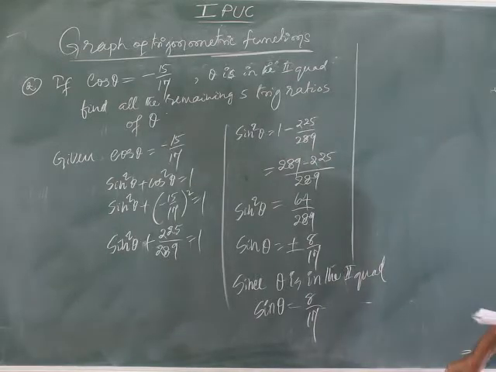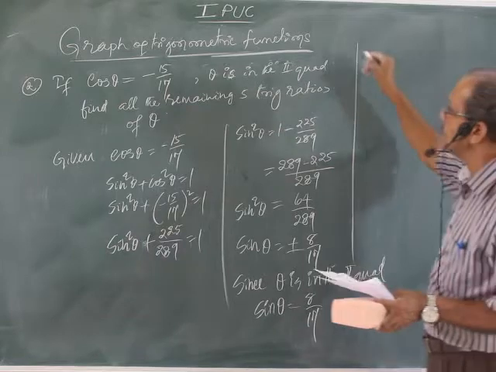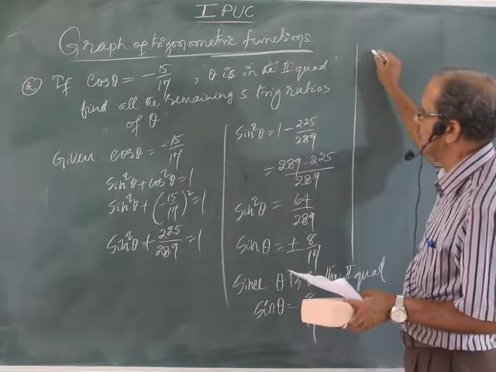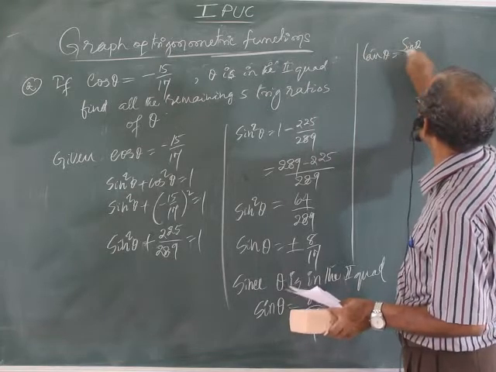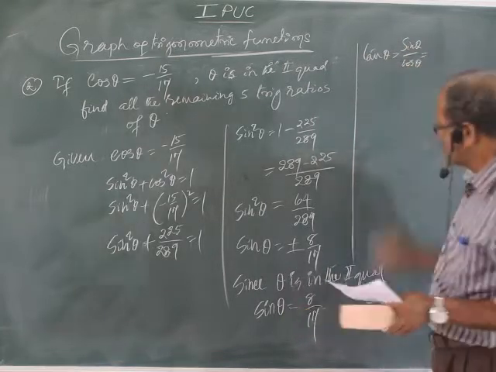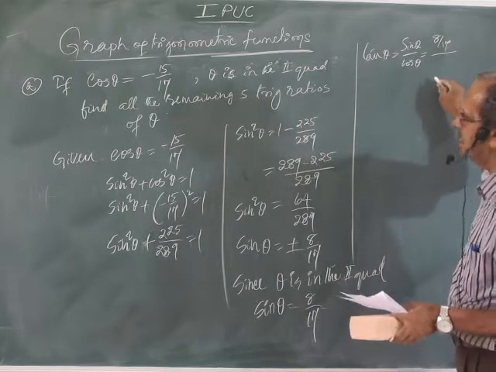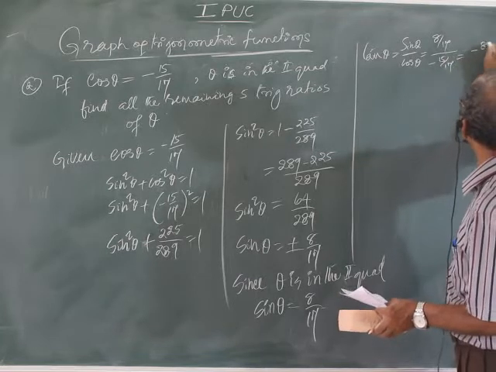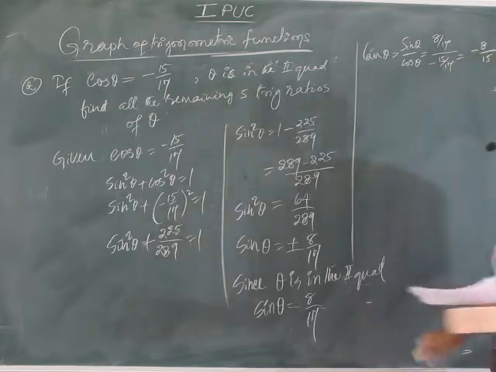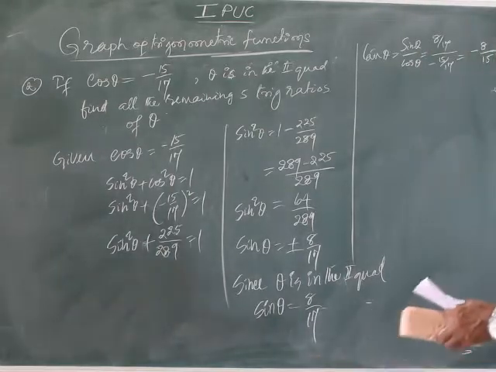No negative sign should be taken because in the second quadrant sin is positive. Now write the remaining ones. Tan theta is sin theta by cos theta. Sin theta is 8 by 17, cos theta is minus 15 by 17, so it is minus 8 by 15. In the second quadrant cos is negative.